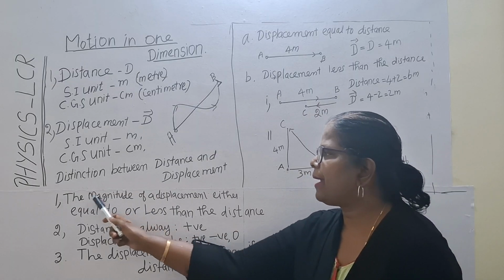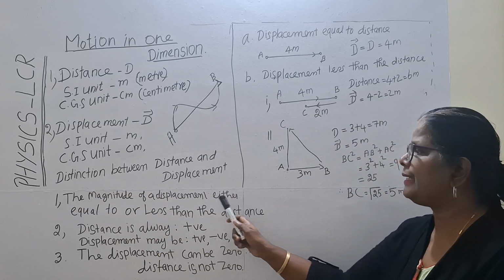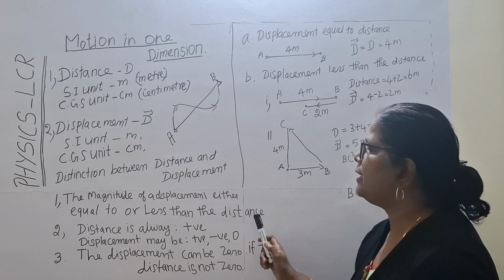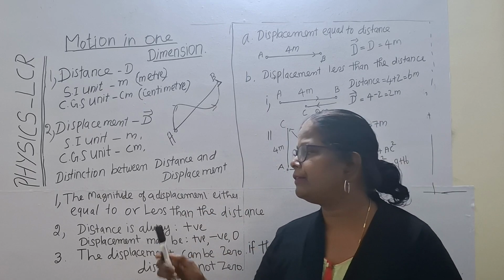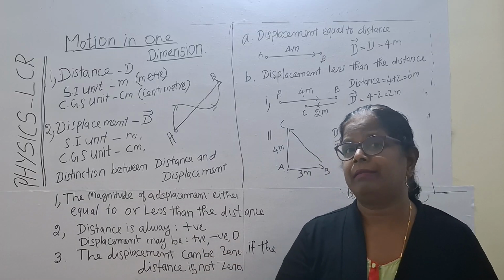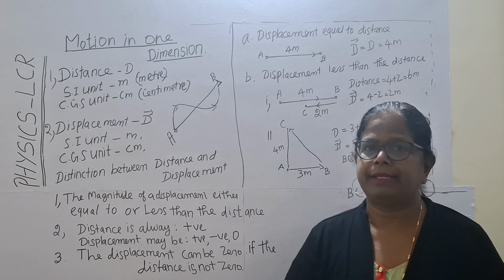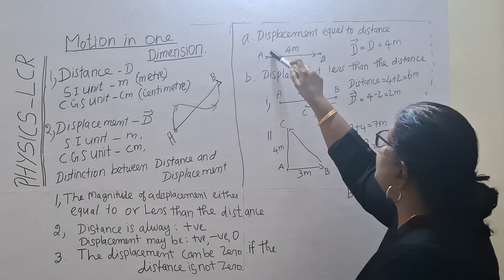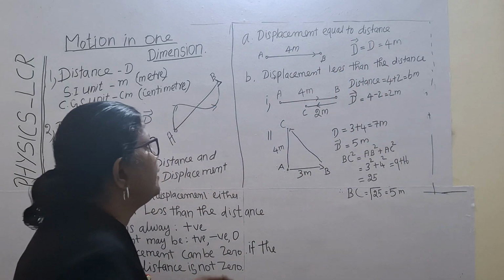First, the magnitude of the displacement is equal to or less than the distance. Here you see displacement equal to the distance.